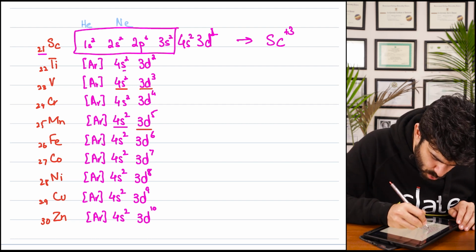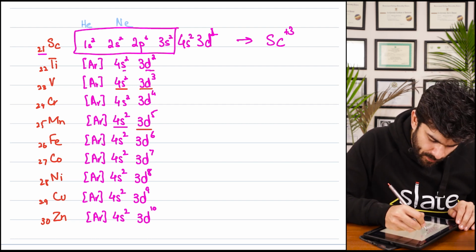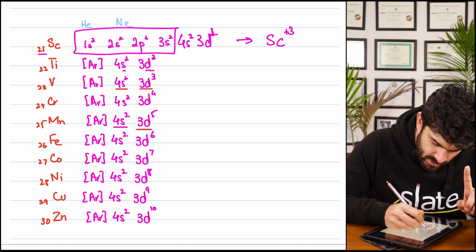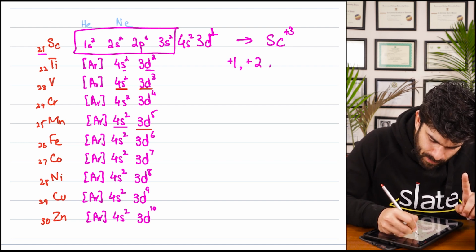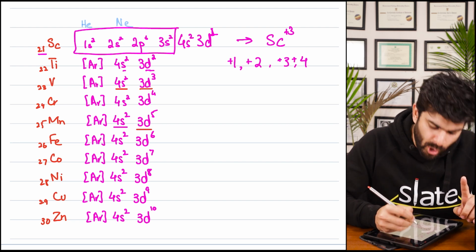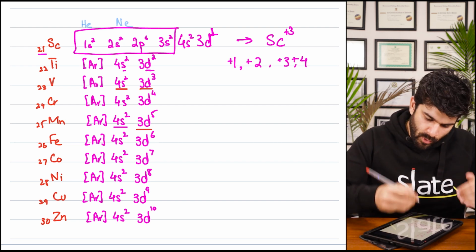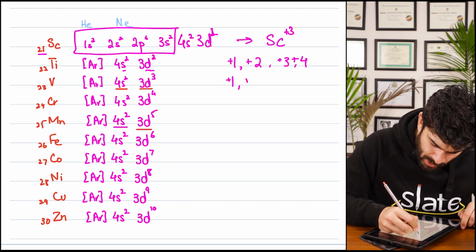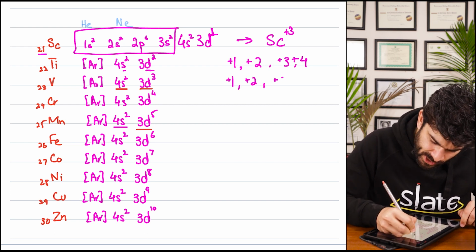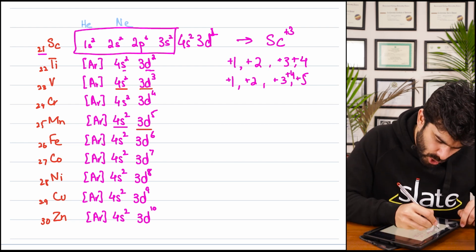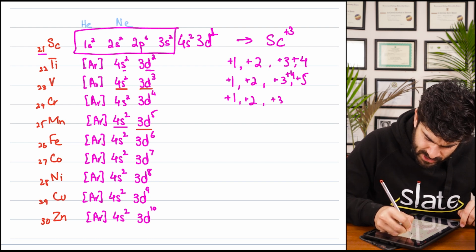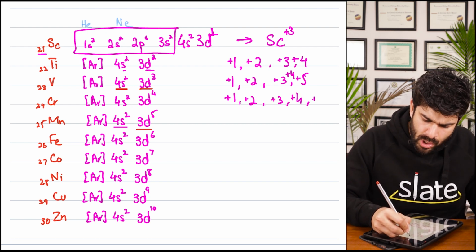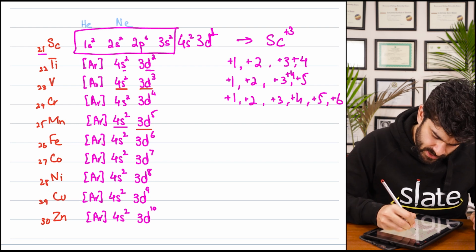It has 1, 2, 3, 4 electrons. So if we remove 1 electron from 4s, that's plus 1, plus 2, plus 3, and plus 4. Because it can lose 4 electrons. Moving on. Plus 1, plus 2, 5 electrons. So we can go up till 5. Plus 4 is left. Chromium. Plus 1, plus 2, plus 3, plus 4, plus 5, plus 6.